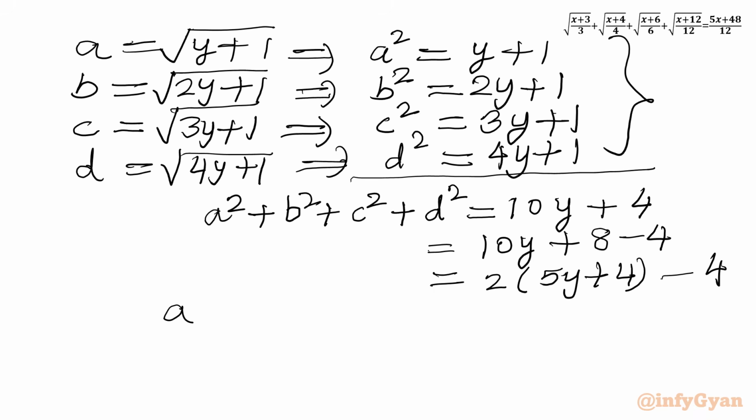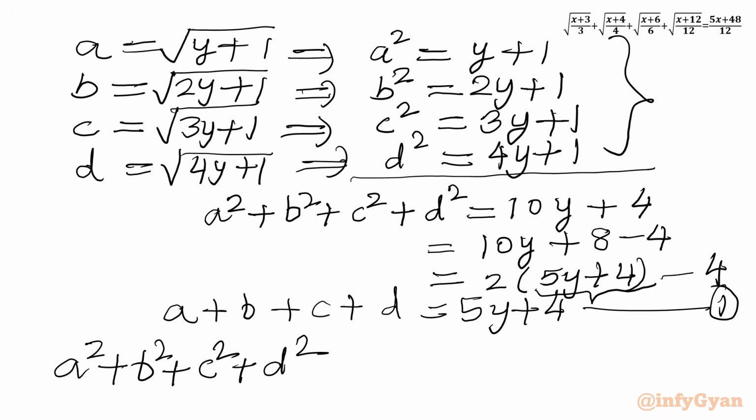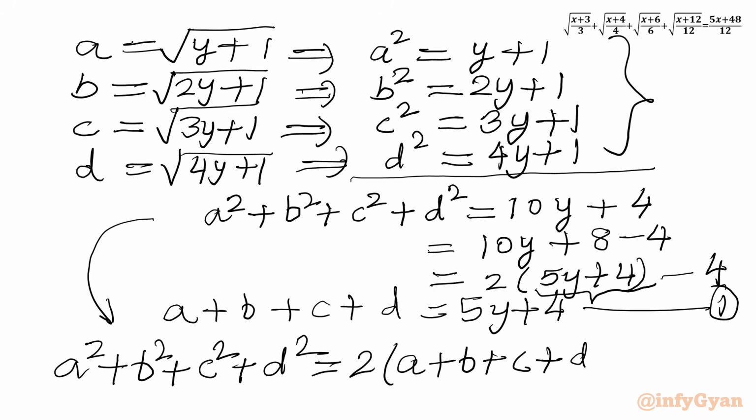Now our first equation was a plus b plus c plus d equal to 5y plus 4. So in this place, we can write a plus b plus c plus d. So a square plus b square plus c square plus d square equal to 2 times (a plus b plus c plus d) minus 4.